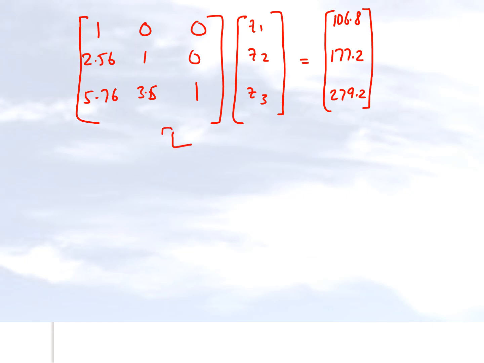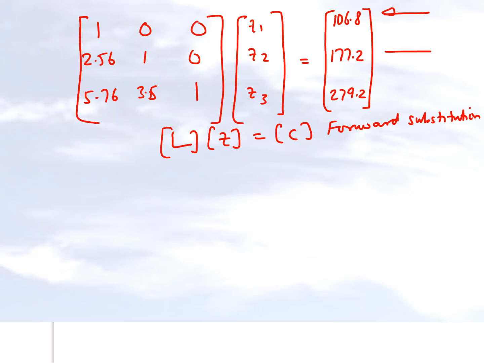So we get the form of L times Z equal to C. And what we need to apply is something called forward substitution. The reason we're doing forward substitution is because the first equation has only one unknown, which is Z1. The second equation has only two unknowns, Z1 and Z2, but we just found Z1, so we can find Z2. The third equation has three unknowns, but we already found Z1 and Z2, so we can find Z3.